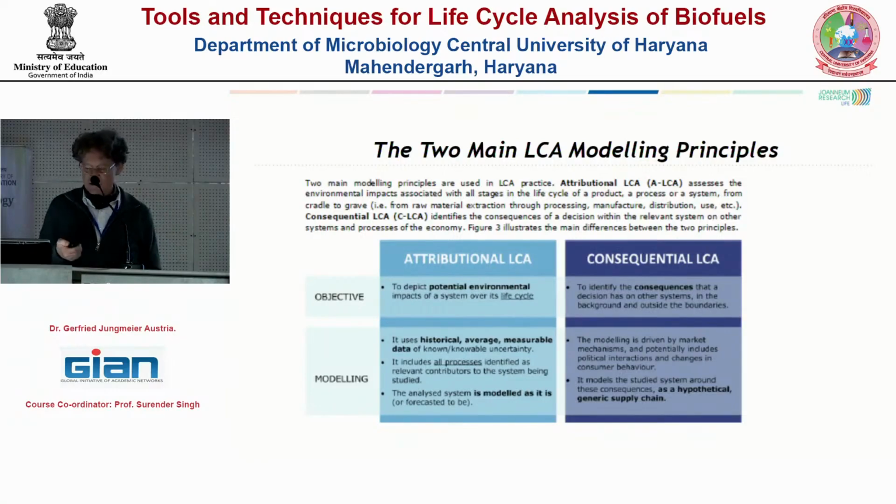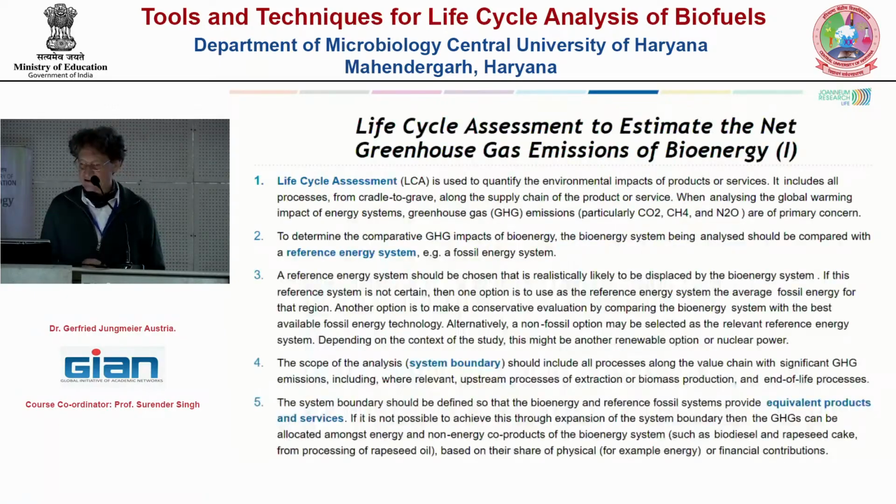This is just relevant to that you remember there are two different types. I assume in most of your maybe future applications you do an attributional life cycle assessment. And at least what I've mentioned in the slides before is written down here again.